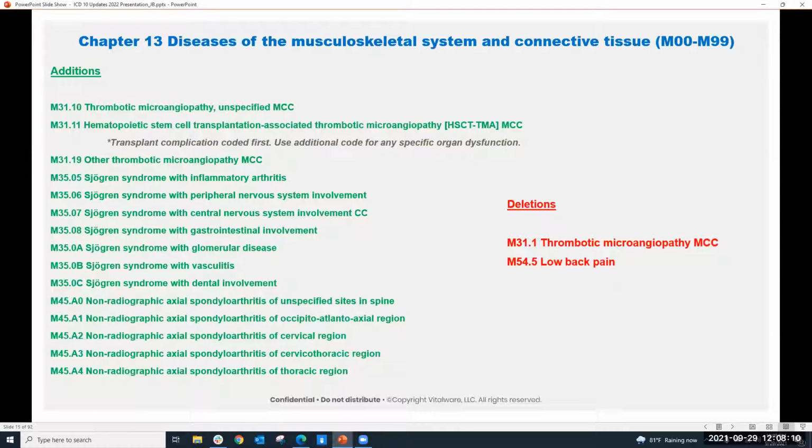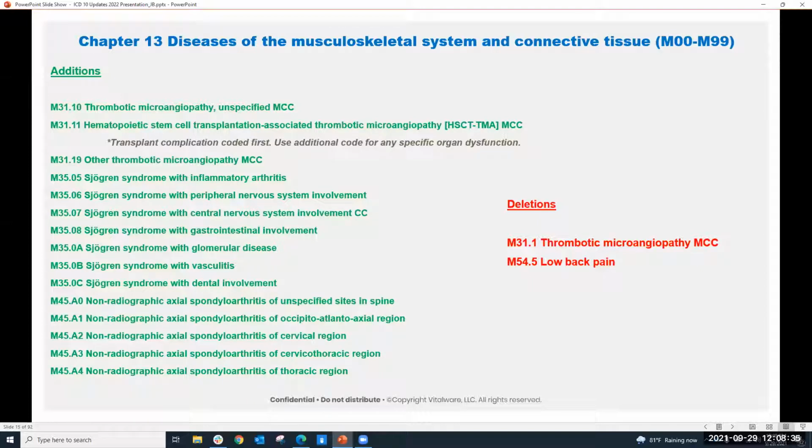Chapter 13, we have quite a few additions here. You'll see on the second code, M31.11, hematopoietic stem cell transplantation associated thrombotic microangiopathy. The transplant complication should always be coded first, and you should use the additional code for any specific organ dysfunction.